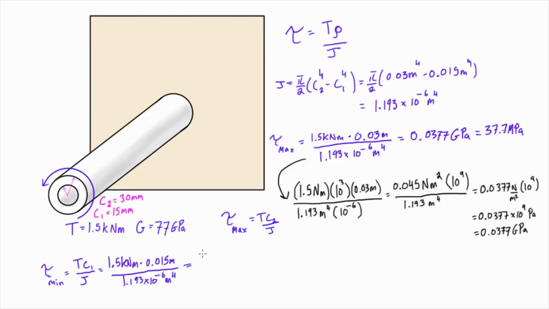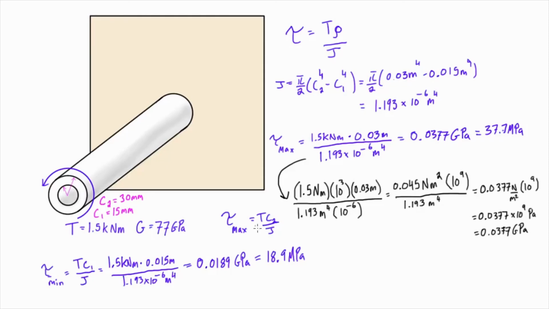Using the same logic, we find that this is 0.0189 gigapascals, which is equal to 18.9 megapascals.